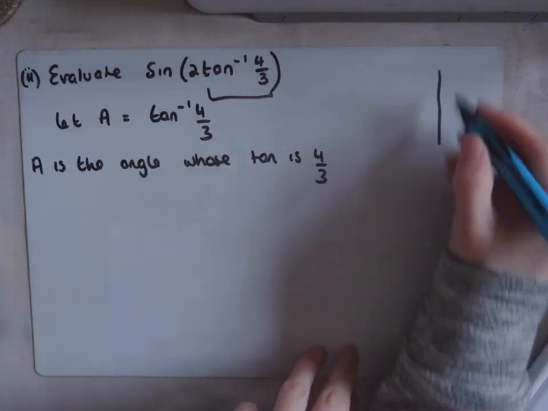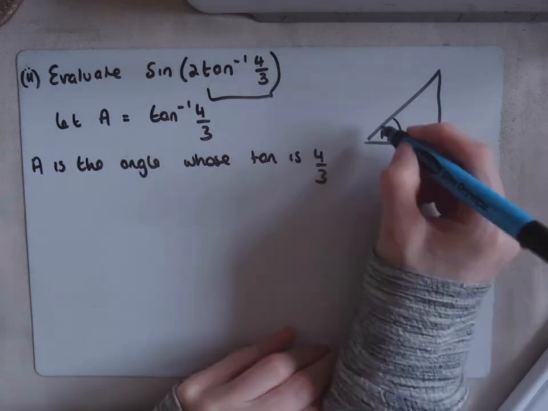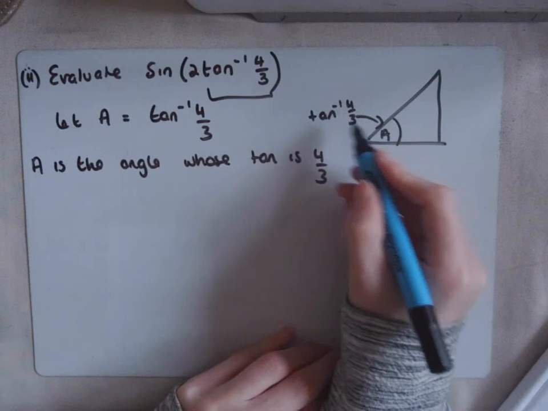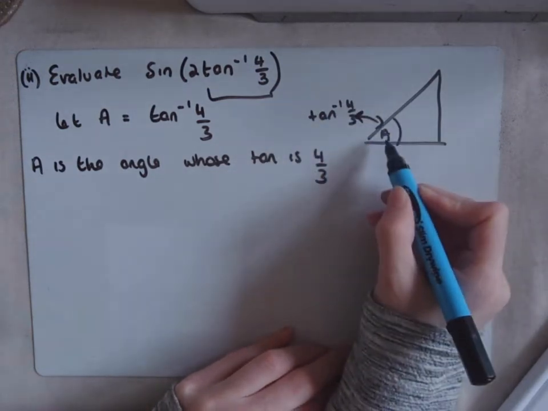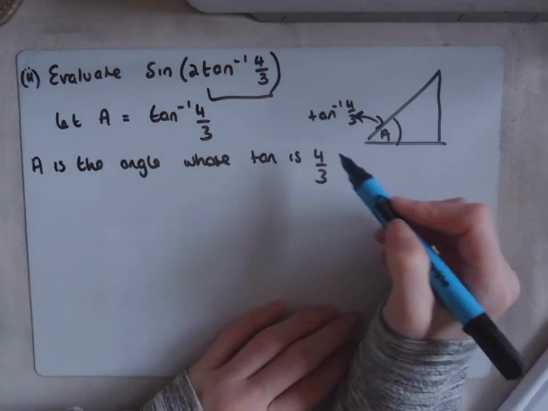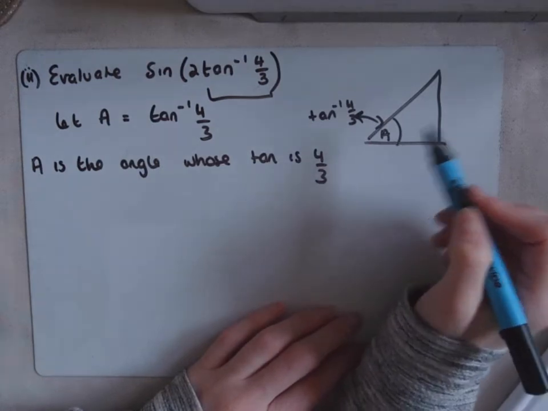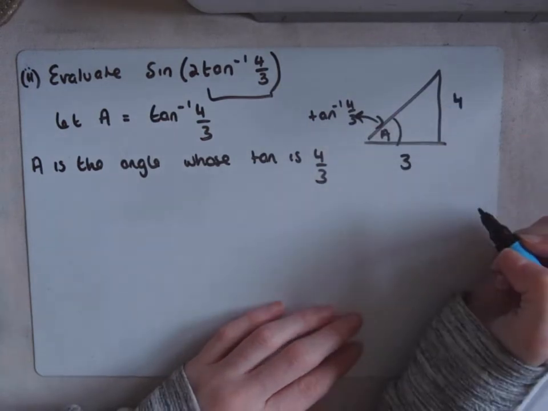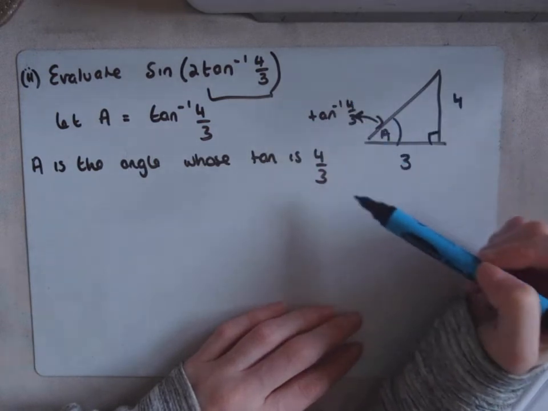Okay, so if we're going to draw this, this is my angle A. I know A is an angle, okay? So I know tan of A is 4 over 3. So opposite over adjacent, 4 over 3. Now this is a triple that I know works with Pythagoras.